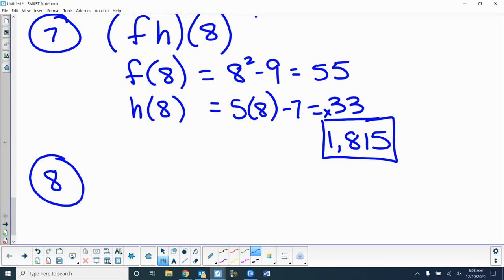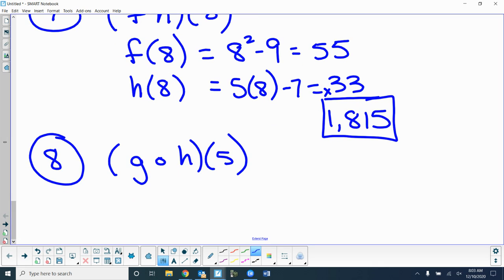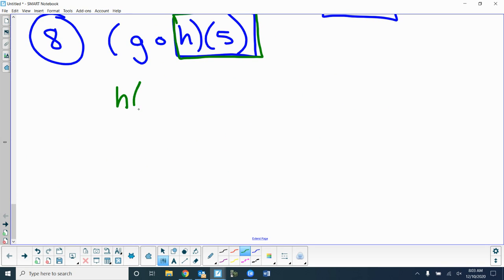And then number 8's another composition. So we have a number. Okay, so we have to find h of 5 first. Right? And that answer goes in for g then.